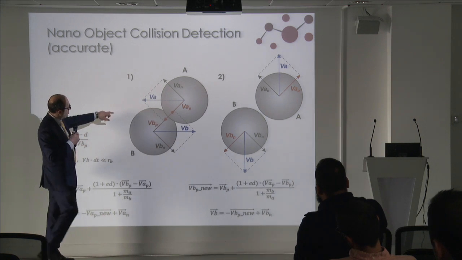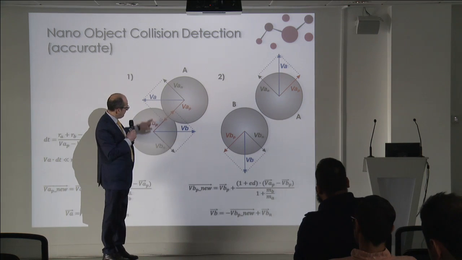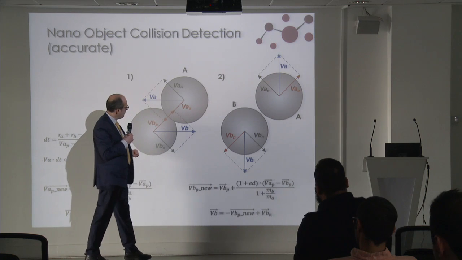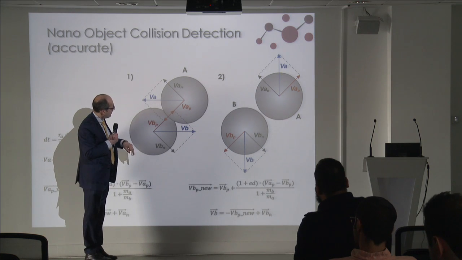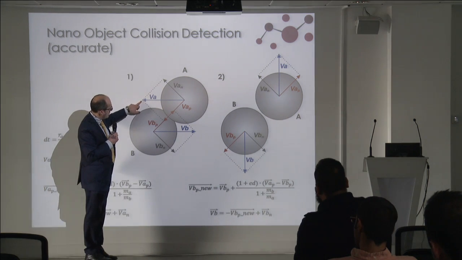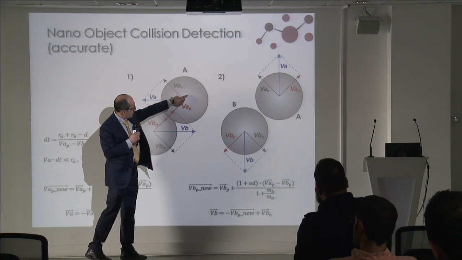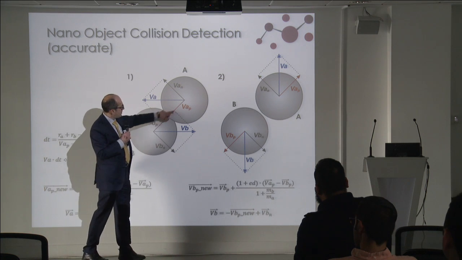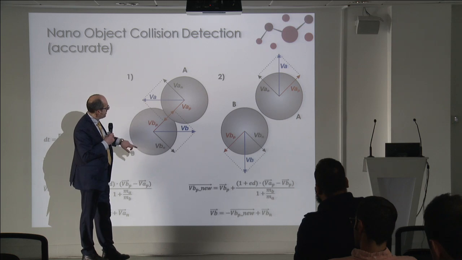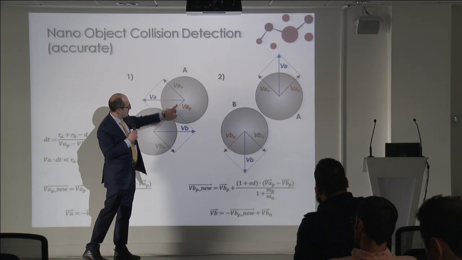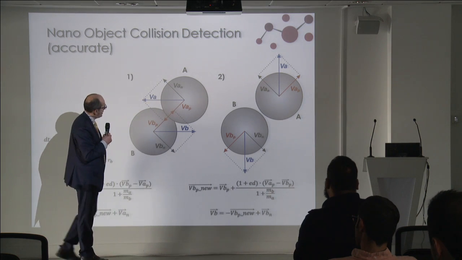Here we decompose the original velocity vectors into directions. One direction is the one connecting the two centers of the particles, and the other direction is orthogonal to the previous one.